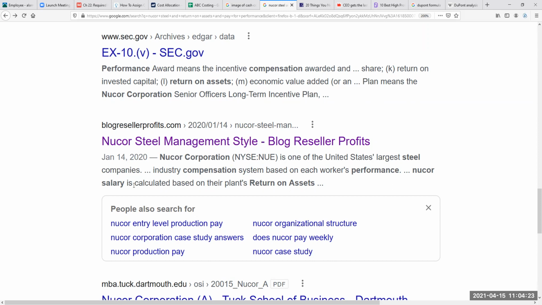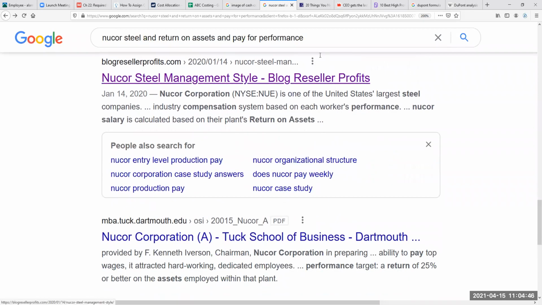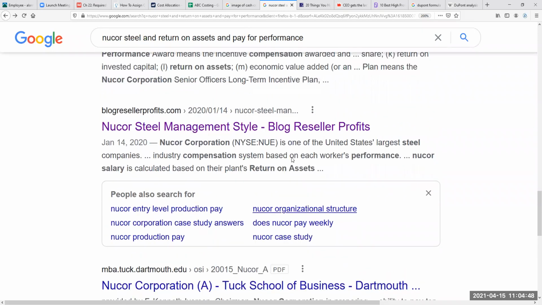So Nucor's salary is calculated based on their return on assets. You just finished studying budgets. I would not pay my people on the budget, but I would pay them the way Nucor Steel does. They base it on the workers' performance, and that's what this chapter is about, performance evaluation, and the salary is based on the return on assets.